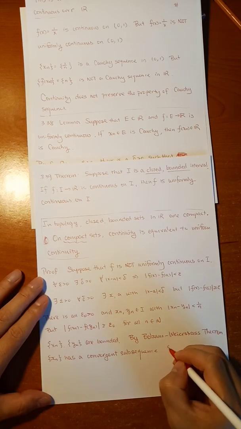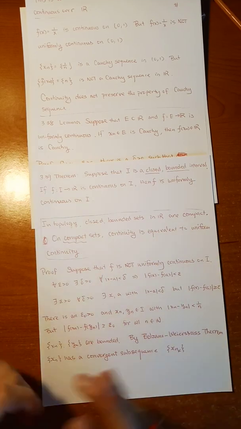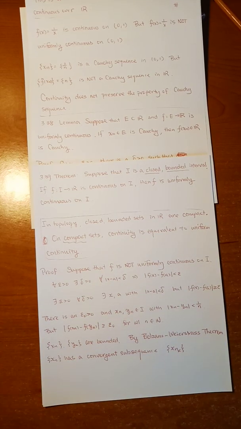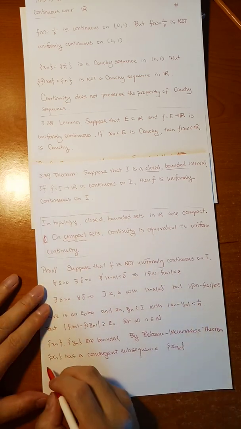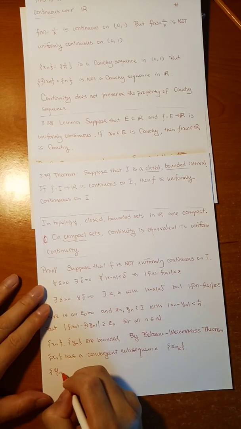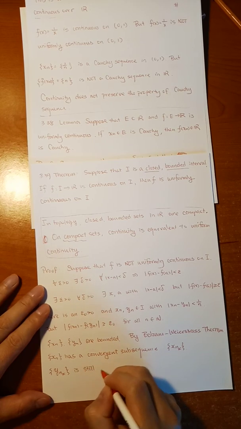So x_n has a convergent subsequence, let's call it x_{n_k}. And then the corresponding y_{n_k} is still bounded.